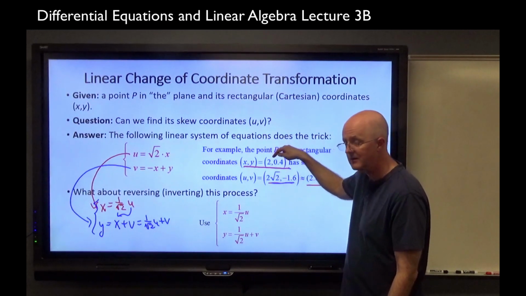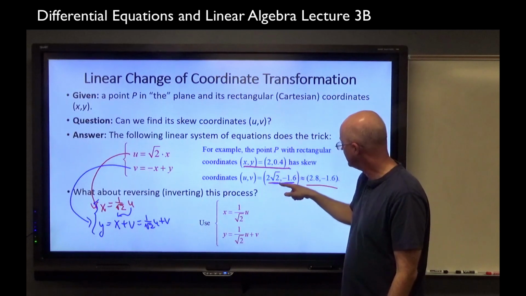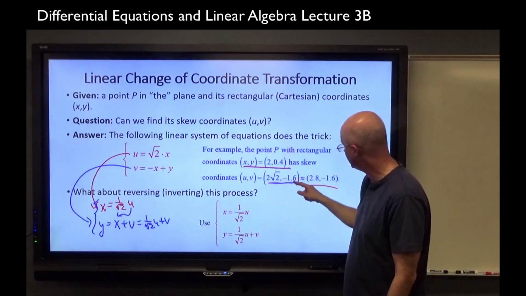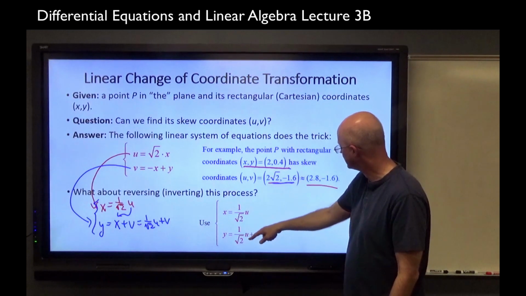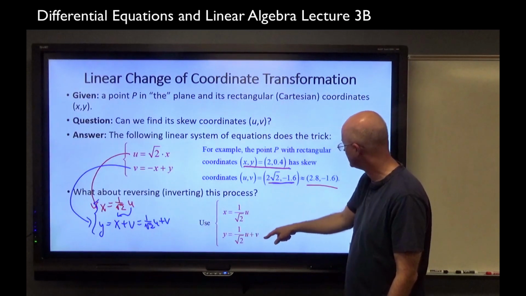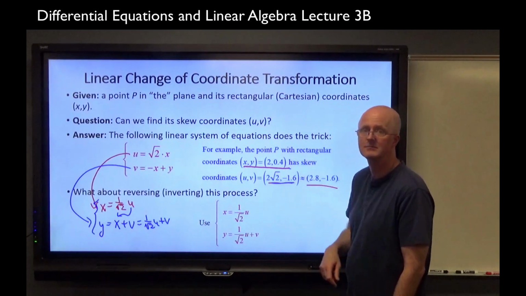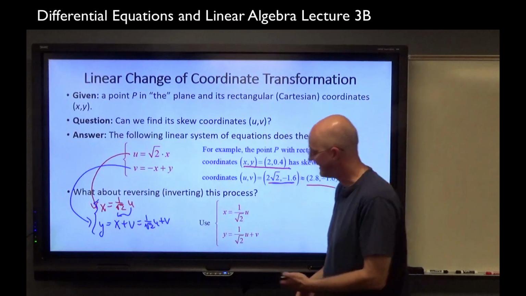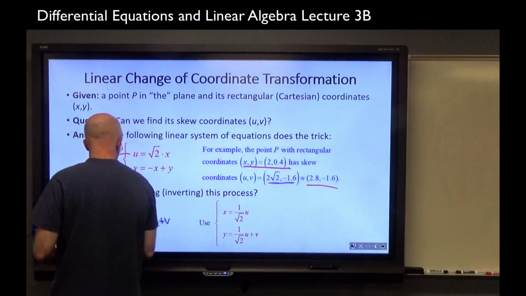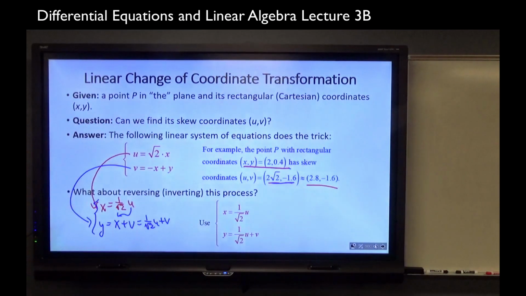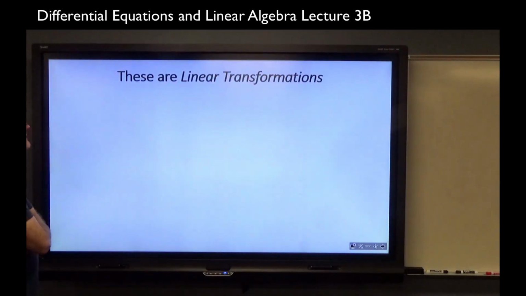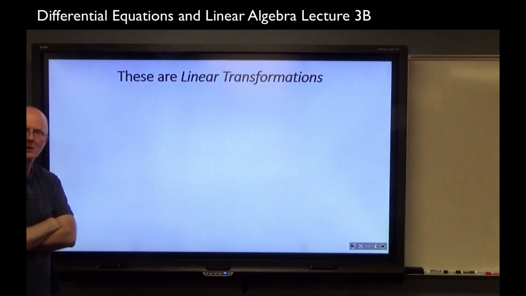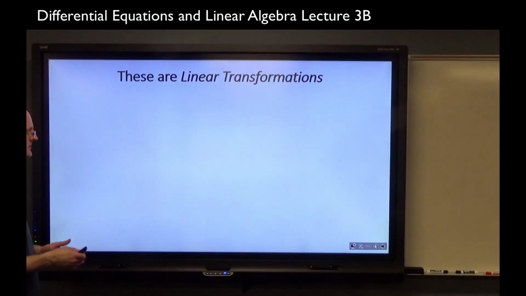Matches the 2 there. Then plug this in here for u and negative 1.6 in for v. Again, the square root of 2's will cancel. You'll get 2 minus 1.6 is 0.4. Okay, so it does work. And you should probably take the time to check that with other points. Not telling you where I got these equations. You're just trusting me here. These systems of equations going either way are called linear transformations.